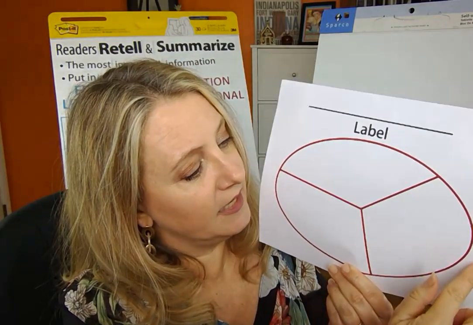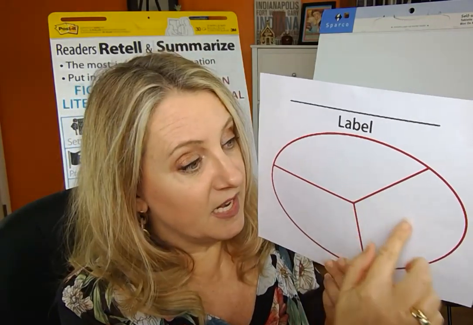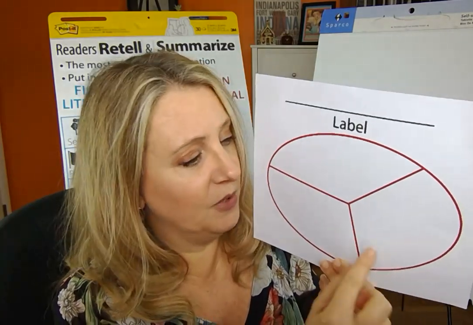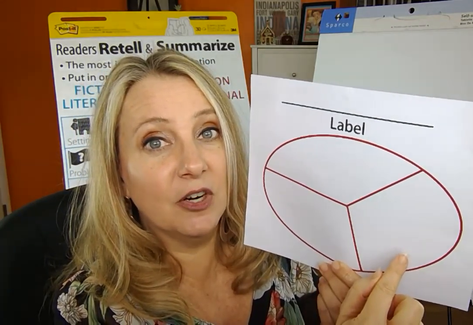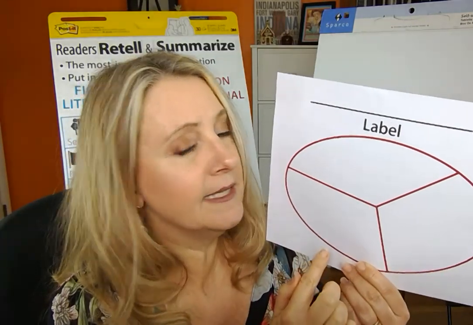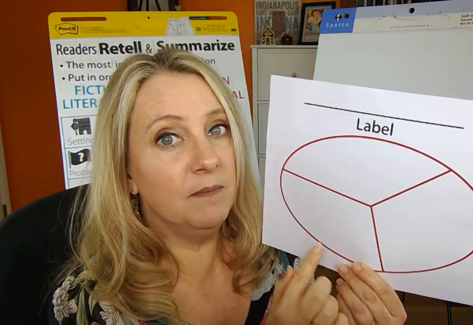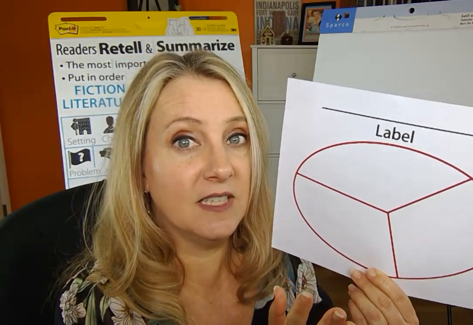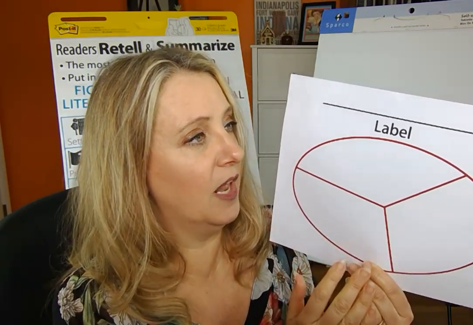So I would draw a line and I'd make another slice of my oval. So it looks like another piece of pie almost. And I would write legs down here. Because just because there are 3 slices in my oval doesn't mean I can only put down 3 details. I can put down as many details as I need. I just draw more lines.